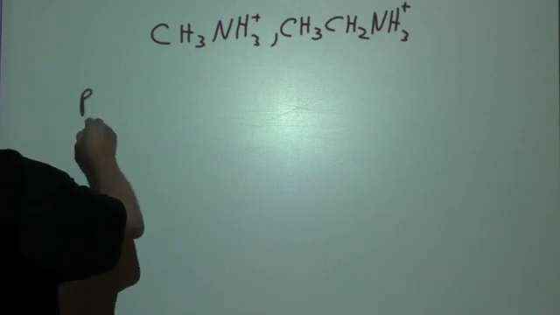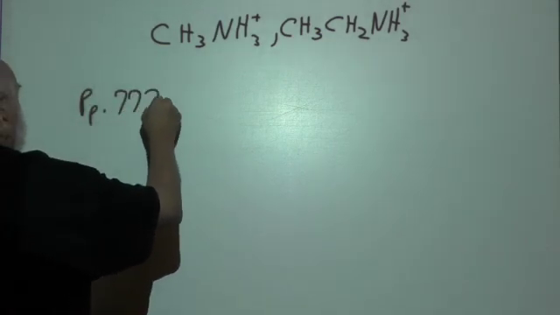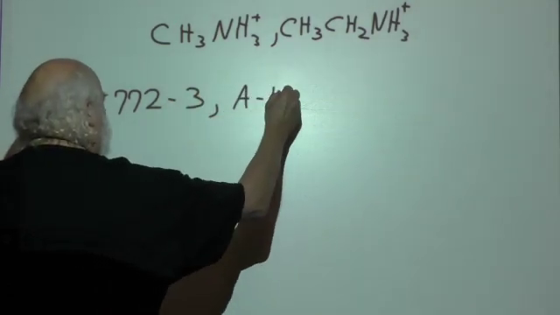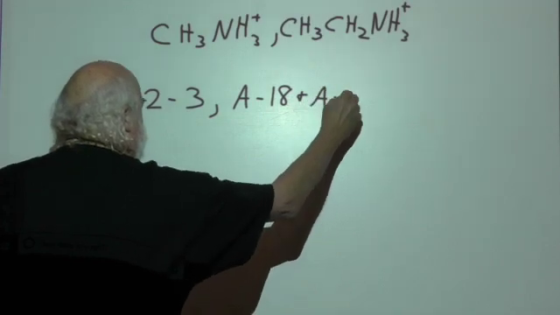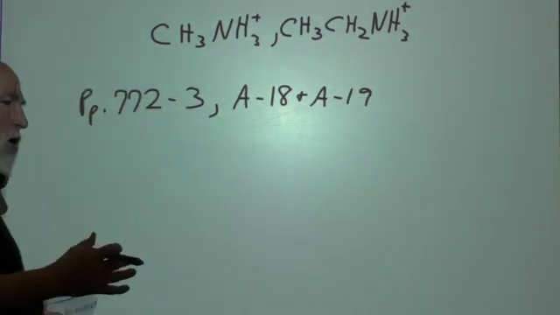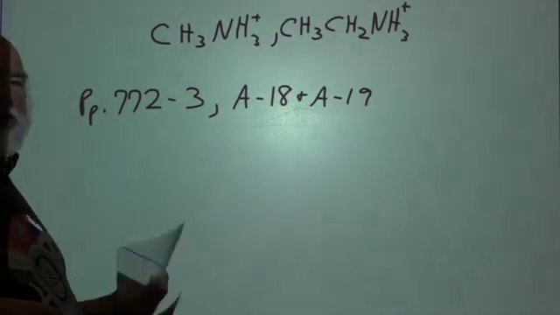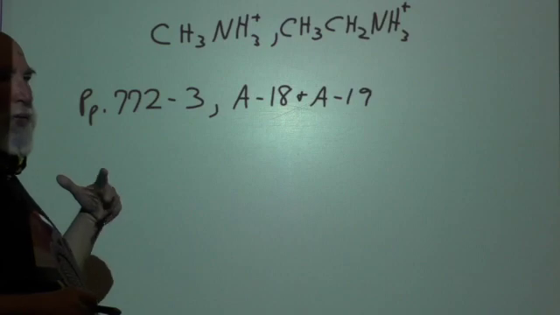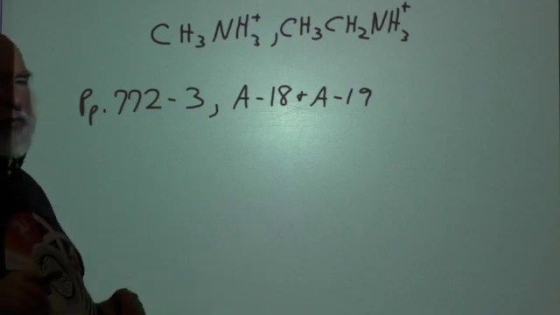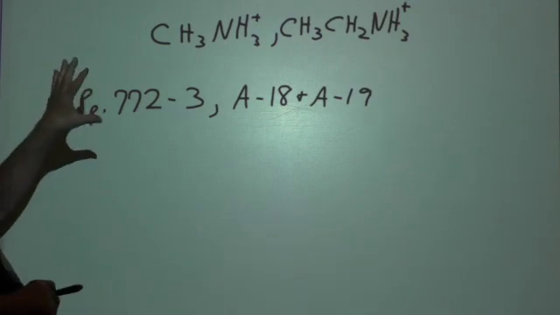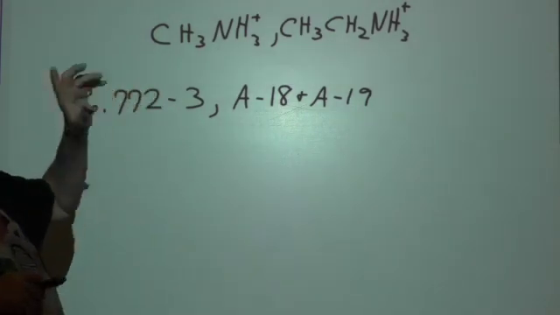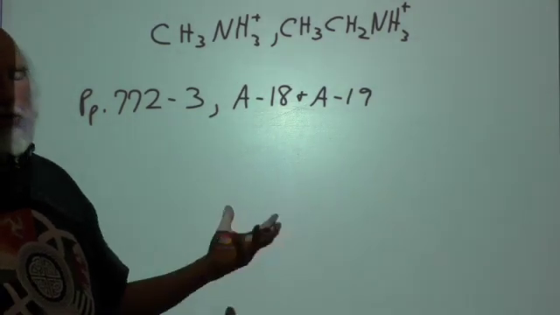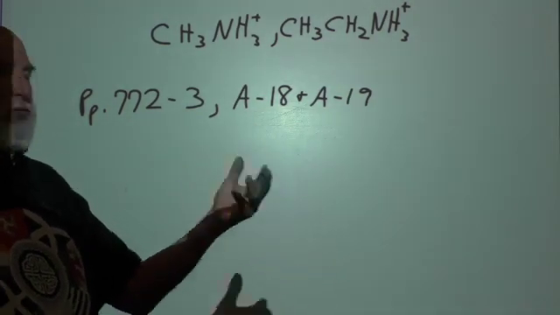It's on pages 772 and 773, appendix A18 and A19. There's a big honking list of compounds that are considered insoluble. I'm going to spend some more time in the next lesson dealing with what all that means and how we can make certain predictions based upon that. But if they're on this list, then you know with great certainty that you're dealing with an insoluble salt, or as they also call it, a partially soluble salt.